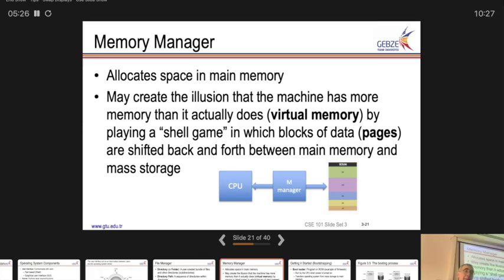By playing a shell game in which blocks of data, pages, are shifted back and forth between main memory and mass storage, it also uses the hard drive to make actual memory larger, because your code is not active all the time. Different places in your code are not active all the time. Some places are never used.